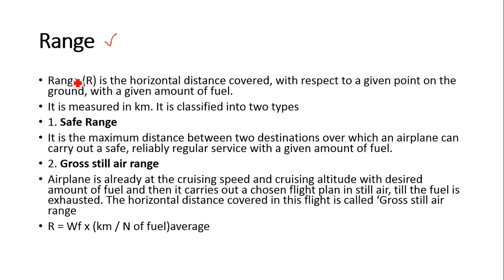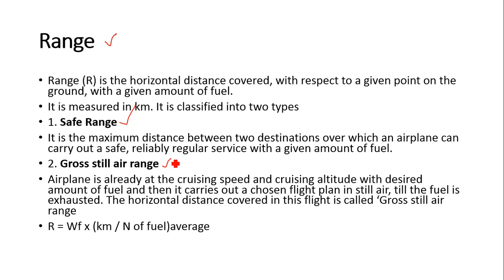Normally, range is classified into two types: one is safe range and another is gross still air range. Safe range is the maximum distance between two destinations over which an airplane can carry out safe, reliable, regular service with a given amount of fuel. Normally, for a full load of fuel, the aircraft will reserve some amount of fuel.